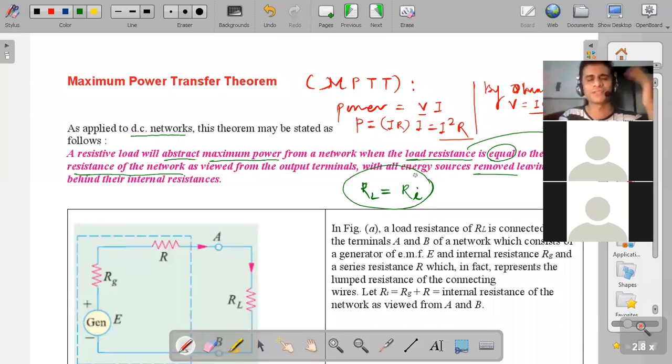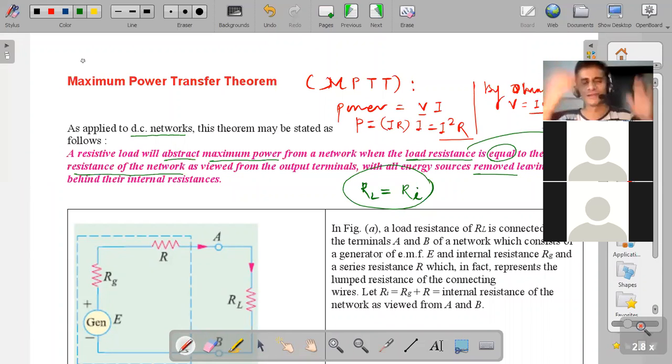RL means external resistance. If you want maximum power for a particular circuit, then the condition is that internal resistance is equal to external resistance. External resistance is also referred to as load resistance.